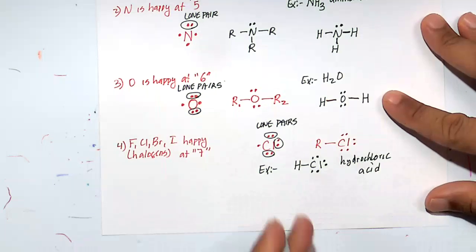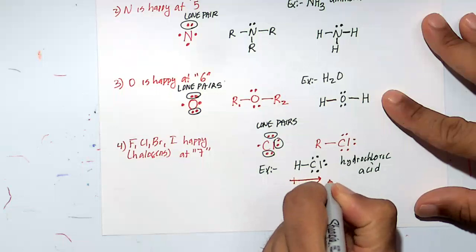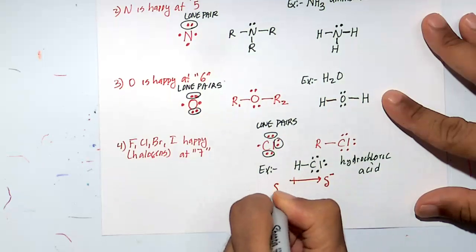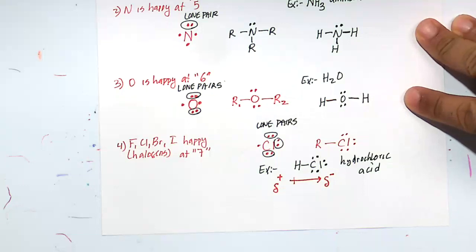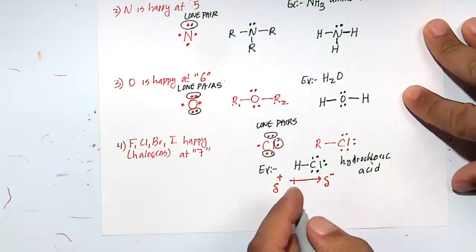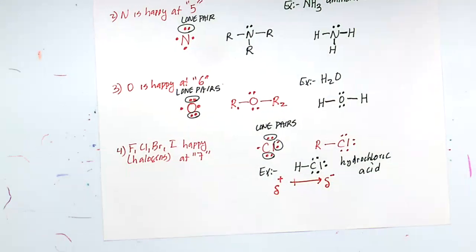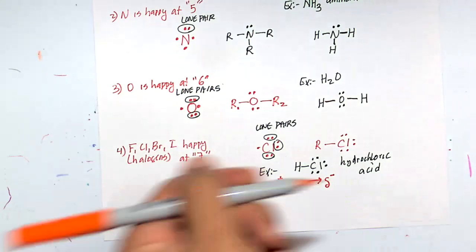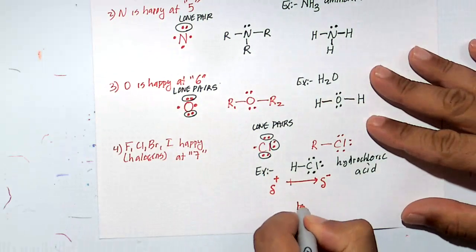One thing I want to tell you guys is that chlorine is going to pull. Chlorine, bromine, iodine, and fluorine are what we call electronegative atoms. So it's not a 50-50 bond, it's really a pull. You know, I'll do hydrobromic acid.